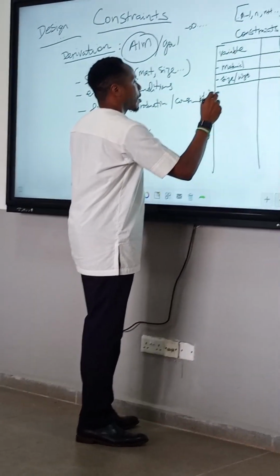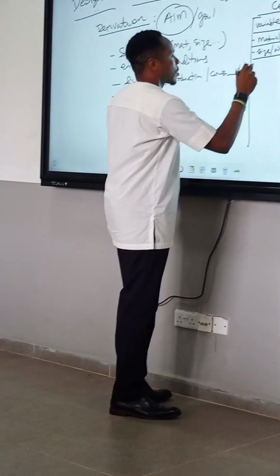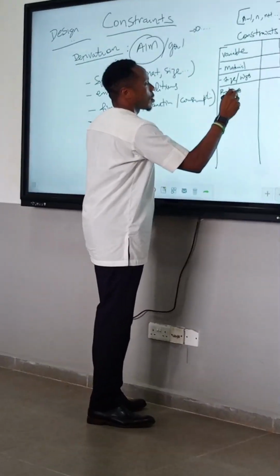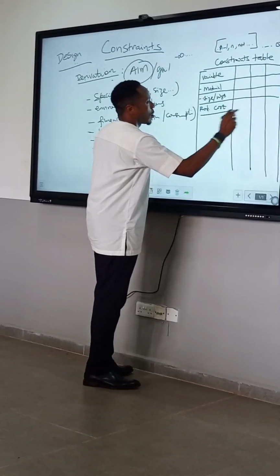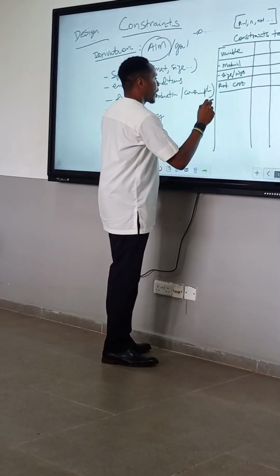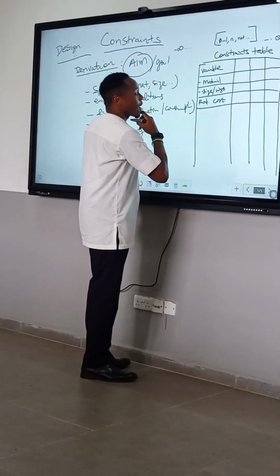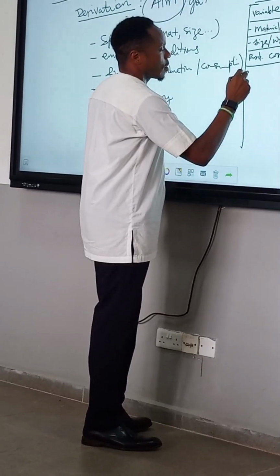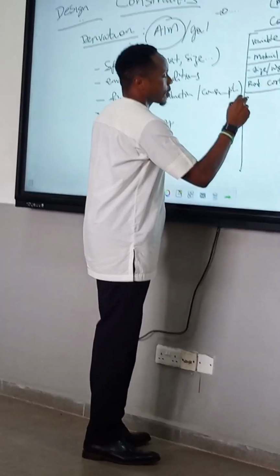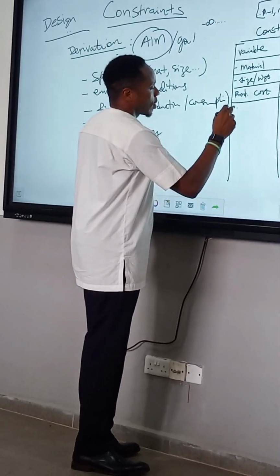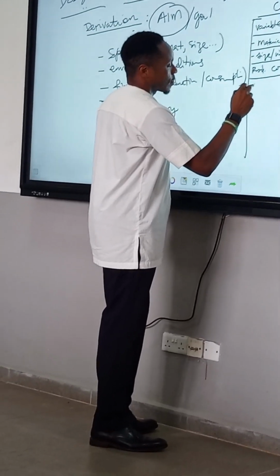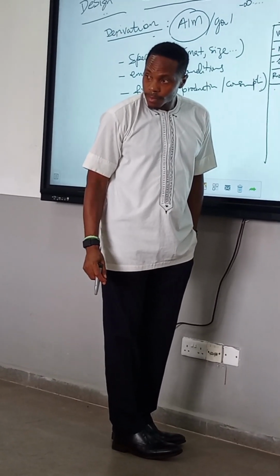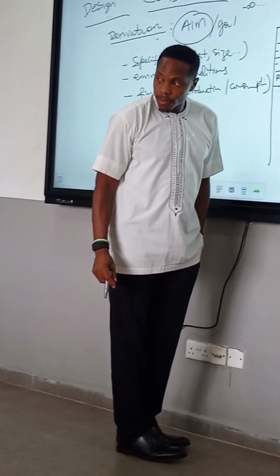We say here cost of production. What else should we have right here? Physical laws of physics. What should I write? Laws governing design.